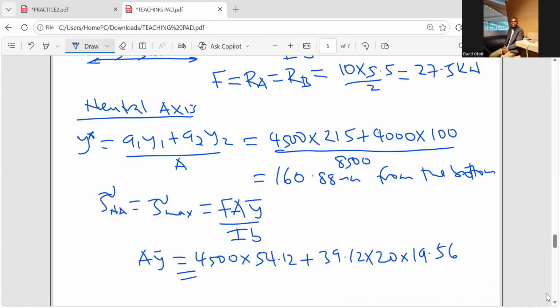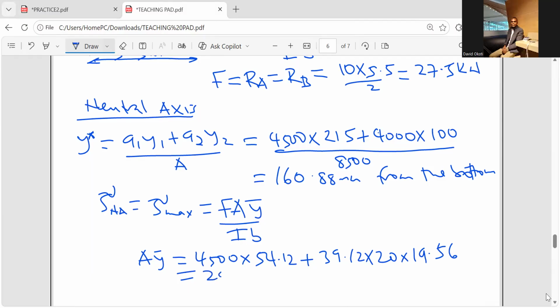which is 19.56. So the total A y bar will be 4500, the area of flange, times 54.12, which is the y bar of flange, plus 39.12 times 20, the area of web part above the neutral axis, times 19.56, which is the y bar of part of web above the neutral axis.